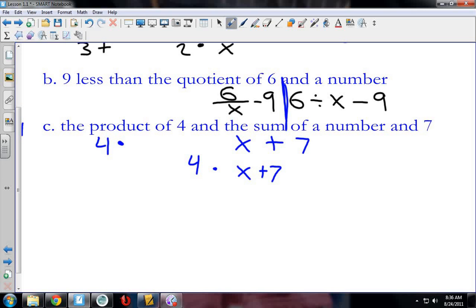Well, there's going to be a problem with what I just wrote. Right here, I want to multiply 4 by the sum, so it means I want to add before I multiply, because they want to multiply by the answer of this. So we need to make sure we add before we multiply. How can I make sure I add before I multiply?